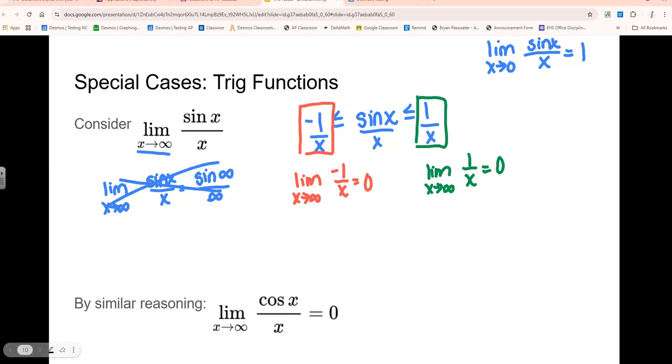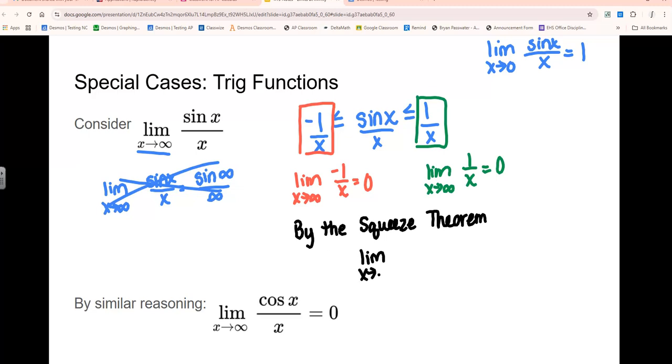So we could make a conclusion now. If I'm getting the same limits for these functions that are on either side here, we could say by the squeeze theorem that it must be true that the limit as x approaches infinity of sine x over x also equals 0.